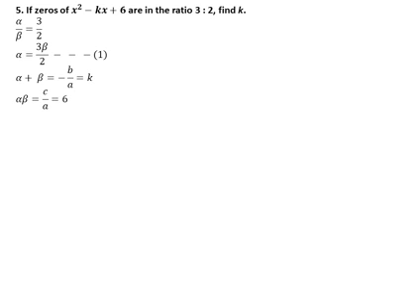Now what do we have to do? Already we know the alpha value: alpha is equal to 3 beta by 2. Now we have to apply it in alpha beta is equal to 6. Here the alpha value is 3 beta by 2, into beta is equal to 6.